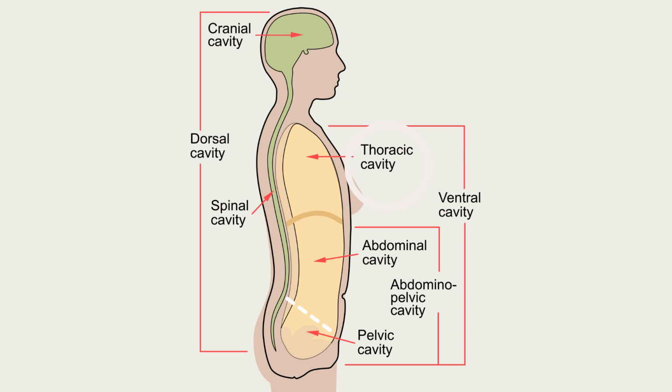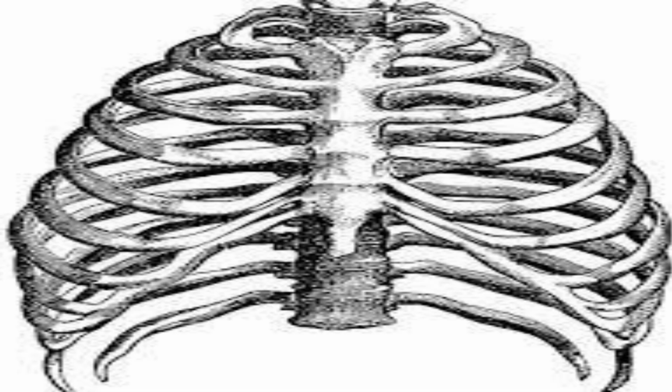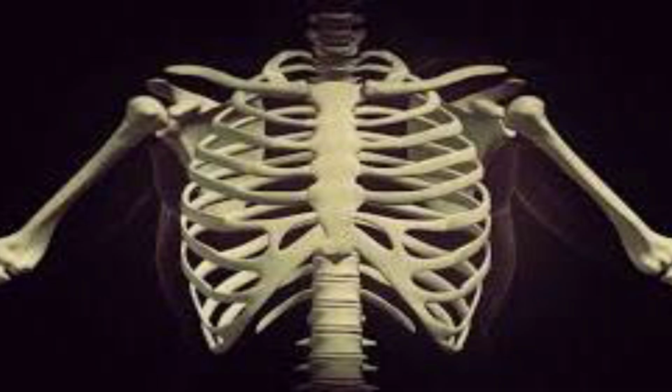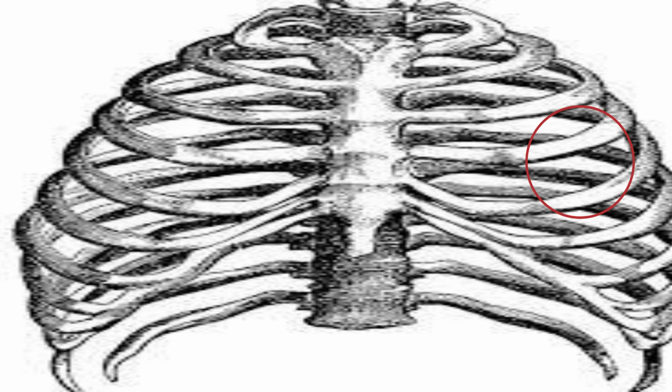Notice we have big holes in the mammalian body: the thoracic cavity, abdominal cavity, cranial cavity where the brain is, etc. But the heart is securely fixed in the thoracic cavity, protected by the rib cage, which is made up of ribs, thoracic vertebrae, and the sternum.